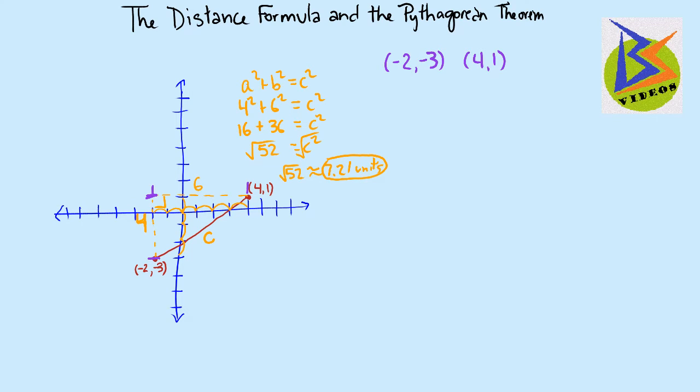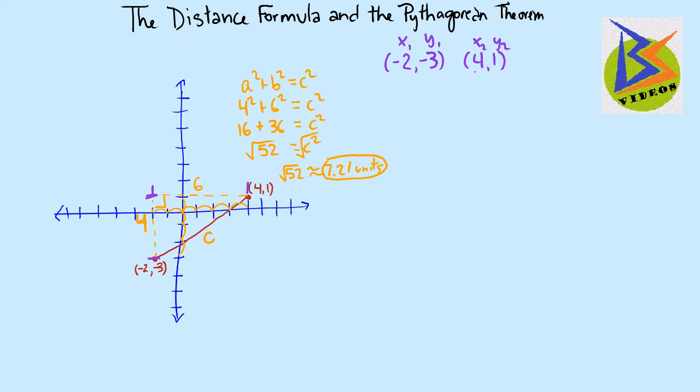So let's label these x sub 1, y sub 1, and x sub 2, y sub 2. All that does is say this -2 is the x from the first set, the -3 is the y from the first set, the 4 is the x from the second set, and the 1 is the y from the second set.